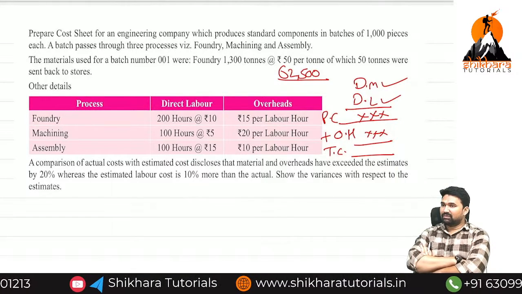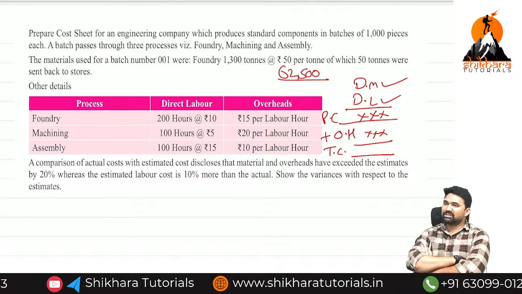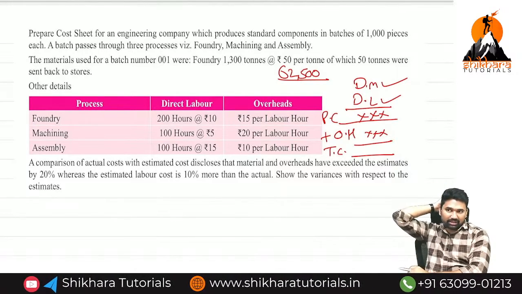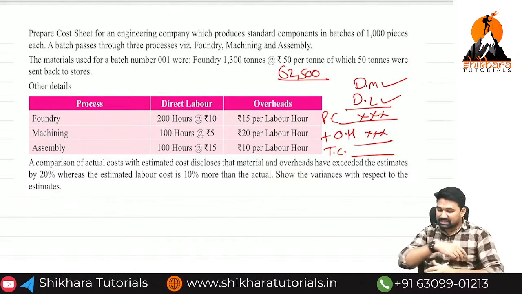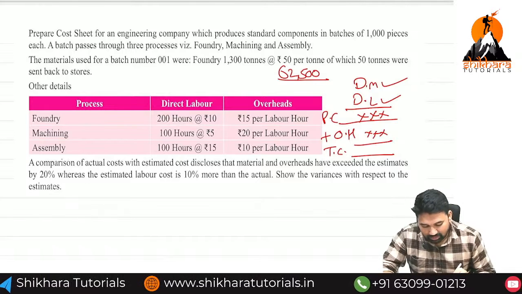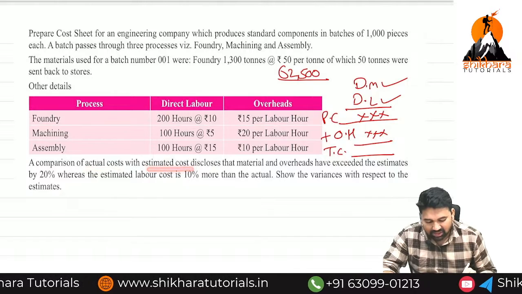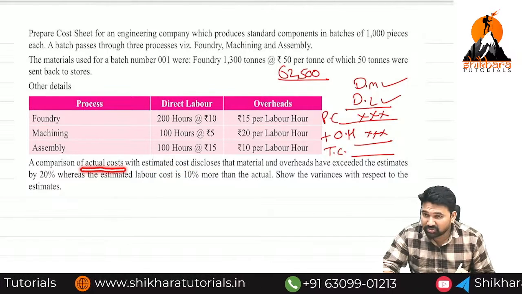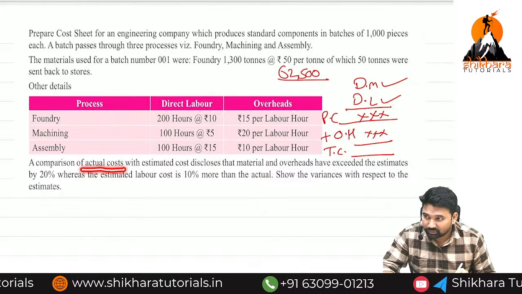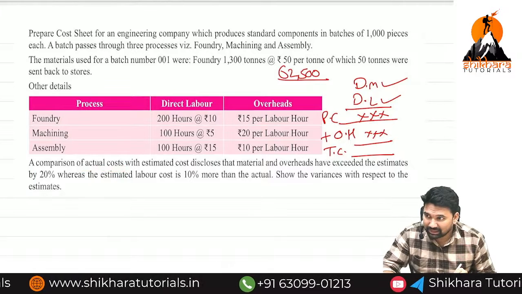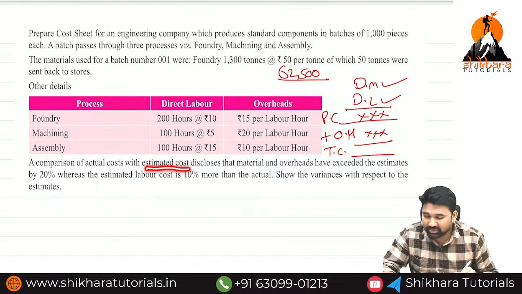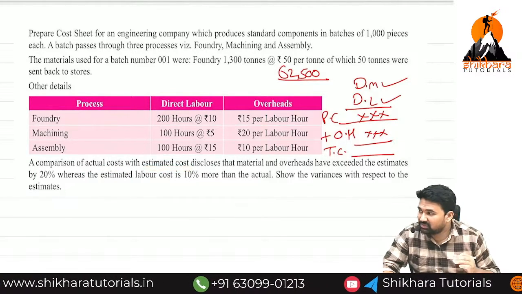Then why did you estimate 10,000? That is my estimation; I may incur up to 10,000. The same way here, a comparison of actual cost with estimated cost. Actual cost means costs which are incurred. Estimated cost means costs which are planned.